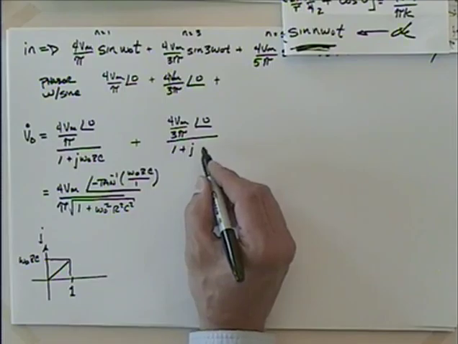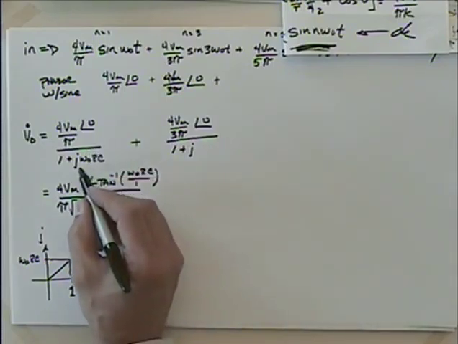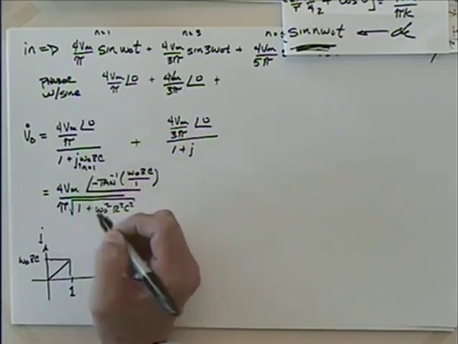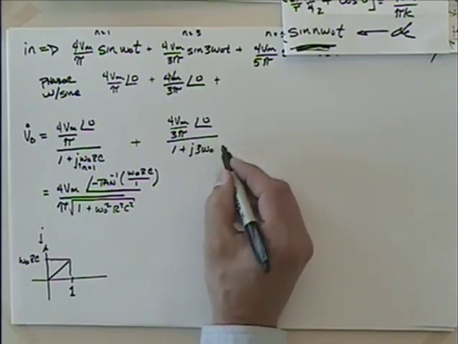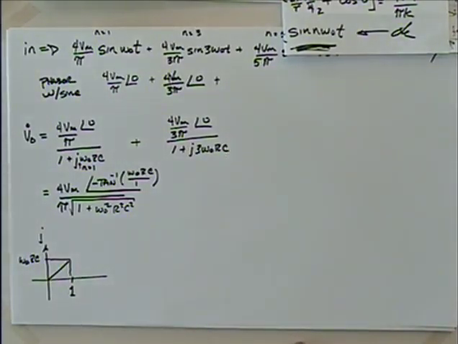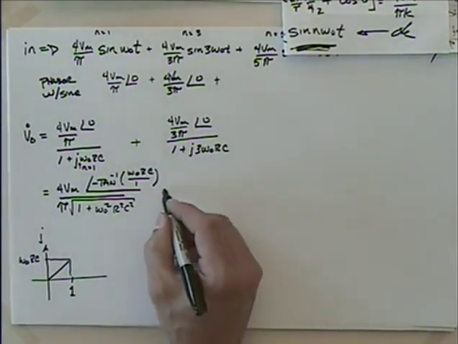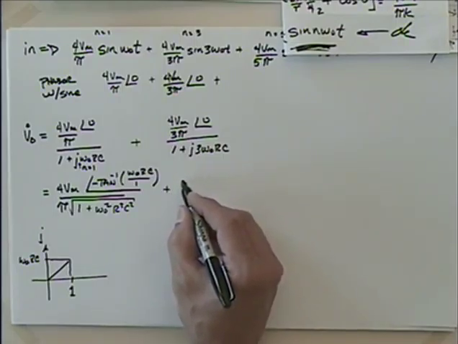And here's where I have to be careful. There's an n in there, right? Here, n was equal to 1, wasn't it? But here, n is going to be equal to 3. So I'm going to have 3 omega naught RC.